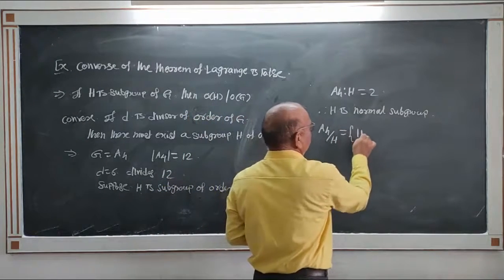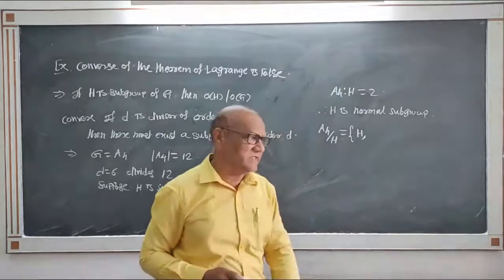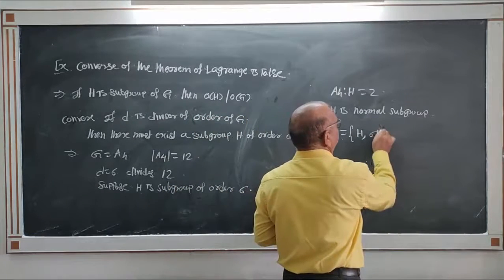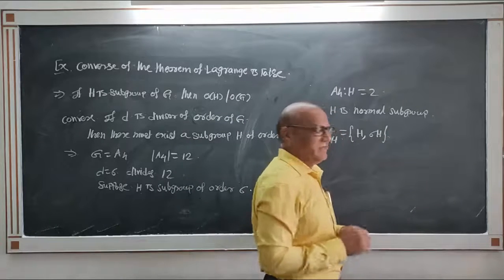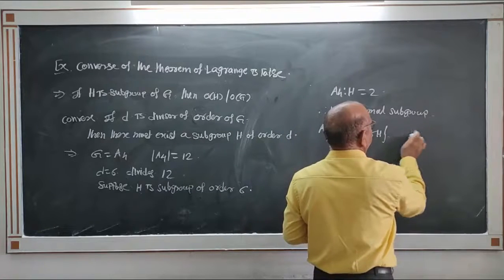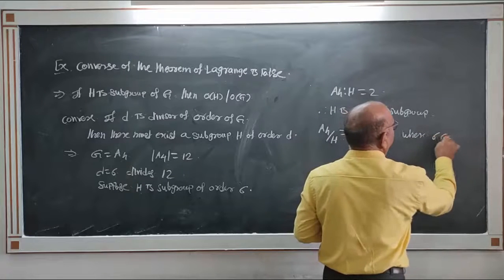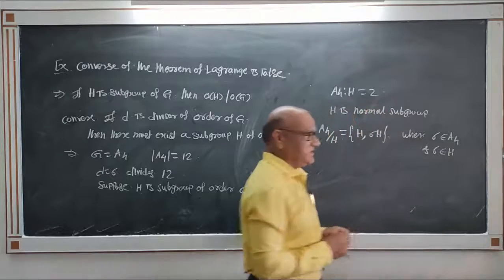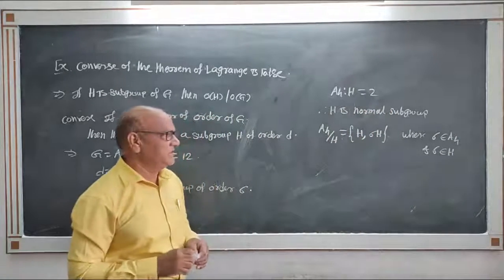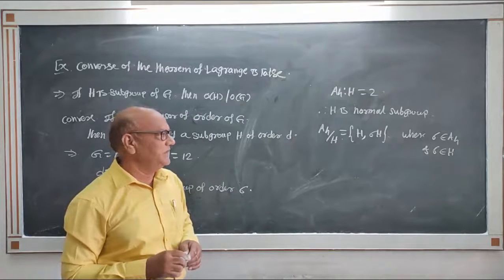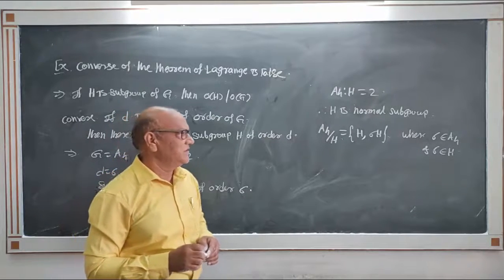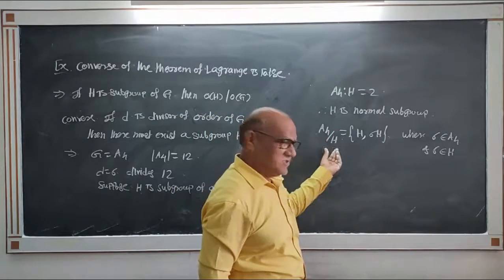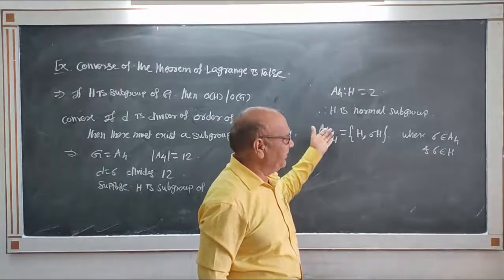That means two cosets: H itself and another coset sigma H, where sigma belongs to A4 and sigma does not belong to H. A4 contains the set of all even permutations, and H is a subgroup of A4.